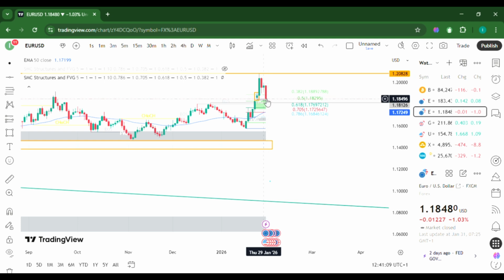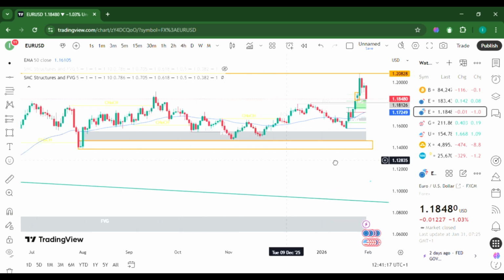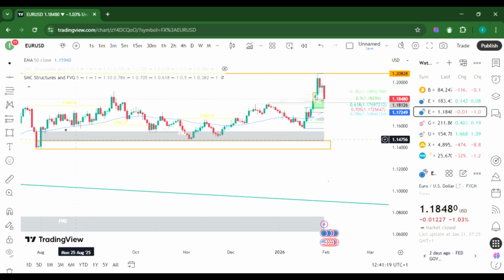And it can also decide to mitigate the full FVG here. The choice is yours. But where I am actually looking, if price breaks this level, I'm expecting price to return to this daily order block here. That's why I marked this place.